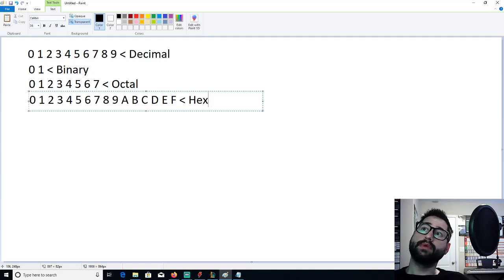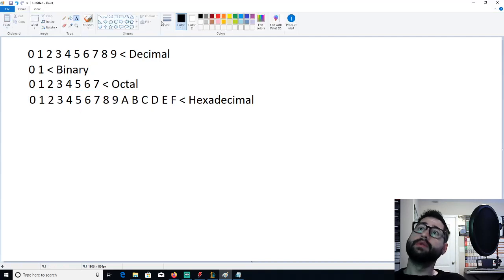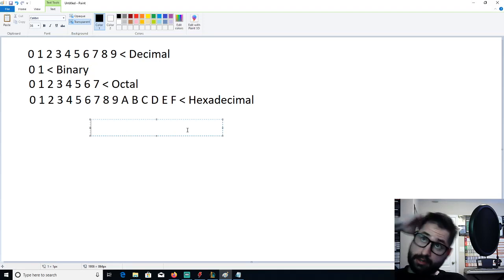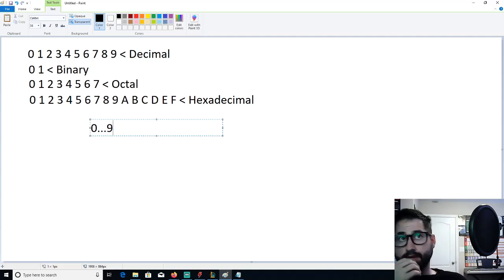And the same rules apply, right? How do we now count with this? Well, let's take our trusty text tool and go down. So let's say we start at 0 and we're counting up like we normally do, and we get to 9, and we say, oh, well, we can actually keep going.